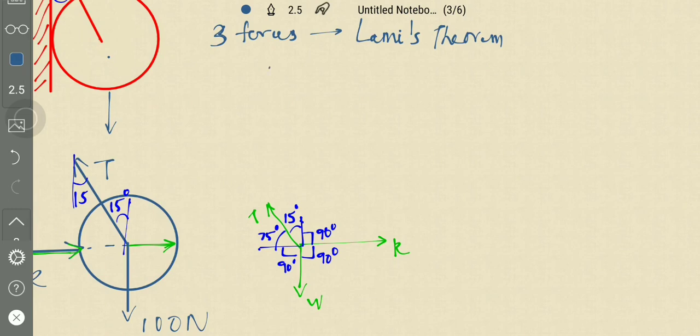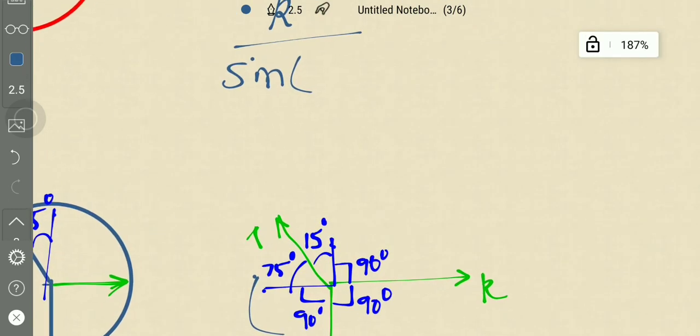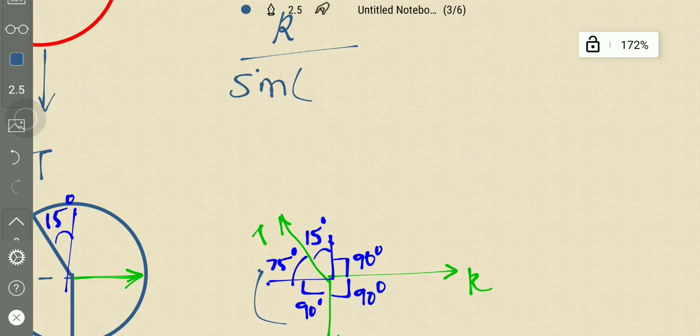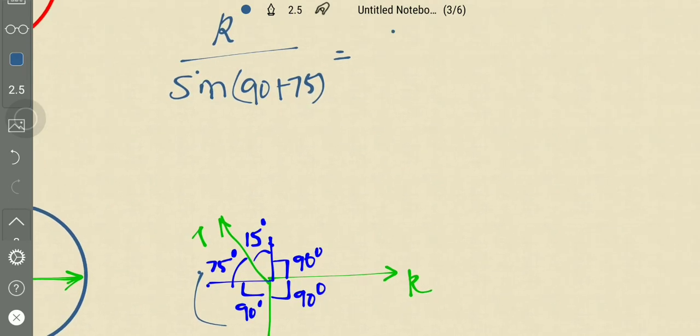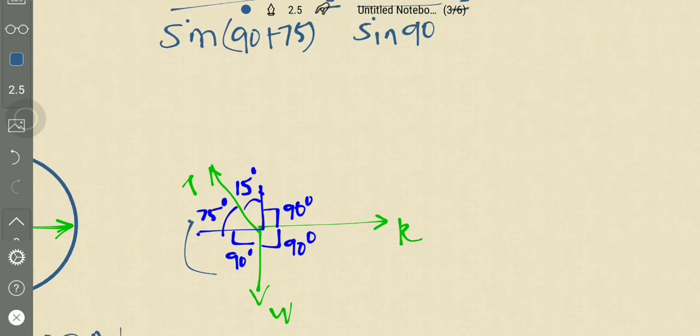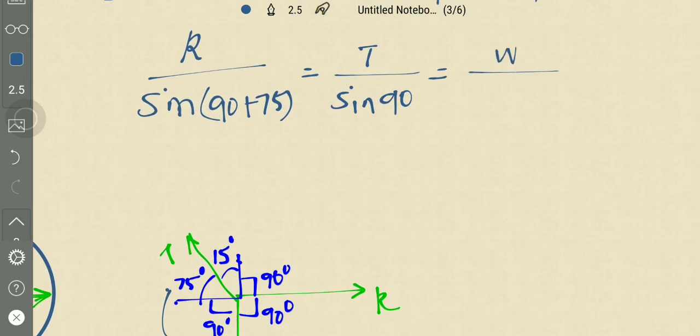R by sine of (90 plus 75) is equal to T by sine 90 is equal to W by sine (90 plus 15).